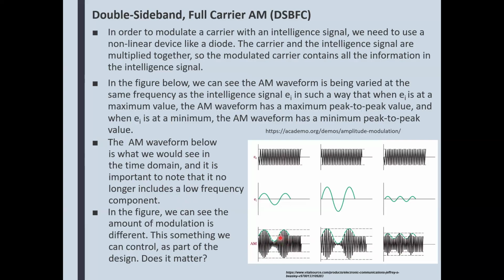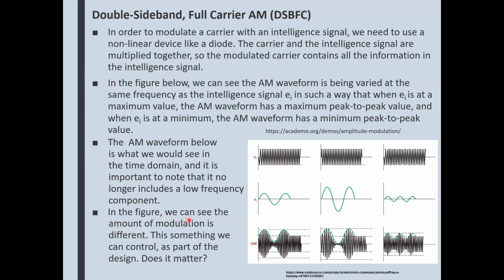So this statement here is half true, because technically it does, but from another perspective, it's just the carrier frequency that's being transmitted, and it's being varied at the rate of the intelligence signal.